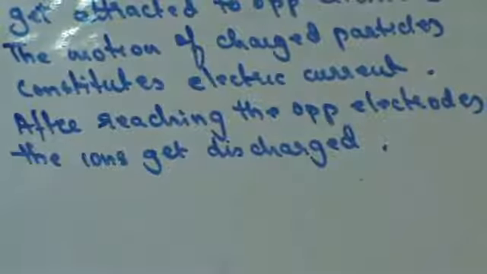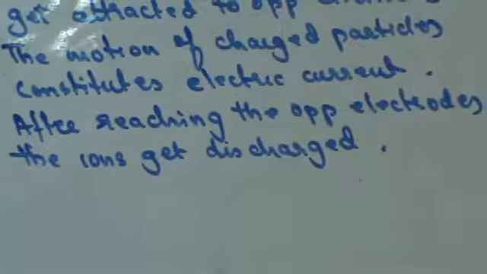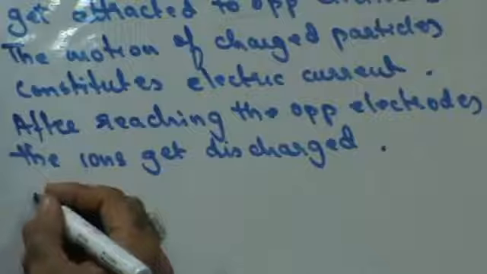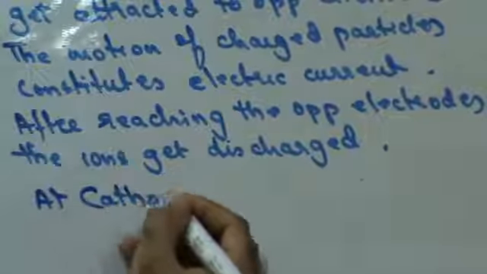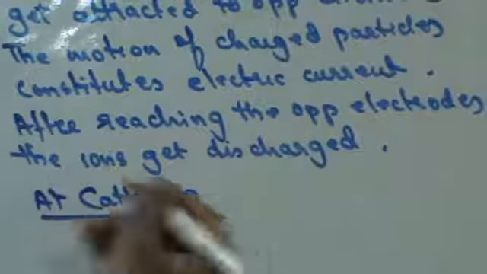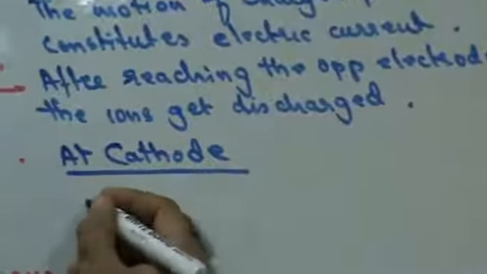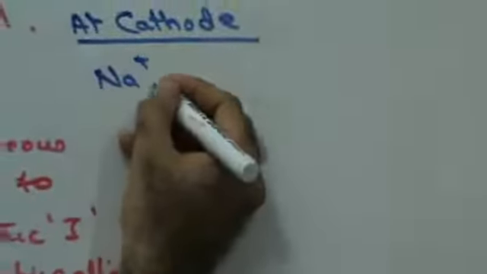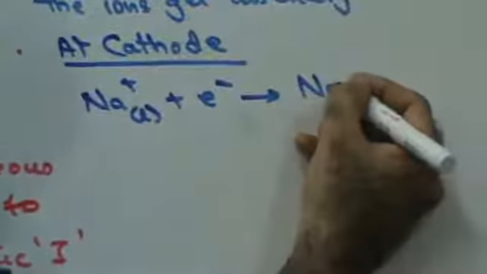Fine, we get this in here. Now let's see what is the reaction that will take place at each of the electrodes. At cathode, what would be the reaction that will take place? You would have sodium ion, which is in liquid state, would accept an electron and would get converted into sodium metal.